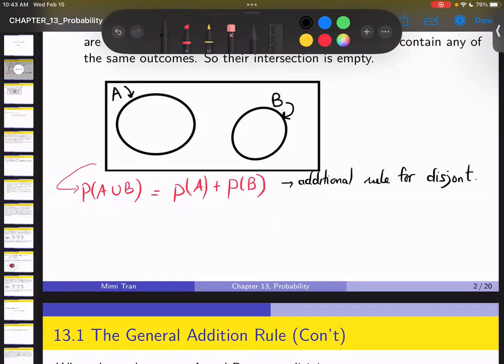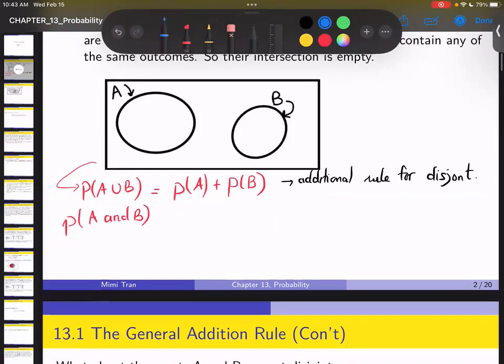2 circles intersect. What about P of A and B? By the way, I can rewrite P of A and B as P of A intersection B. It's the same thing, right? Either you can use English or you can use notation.